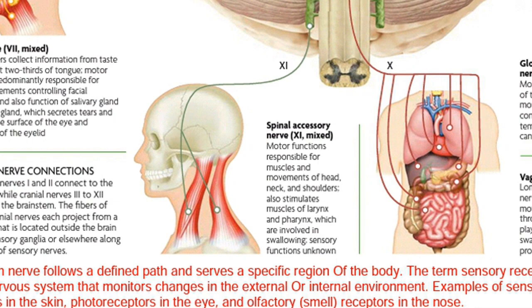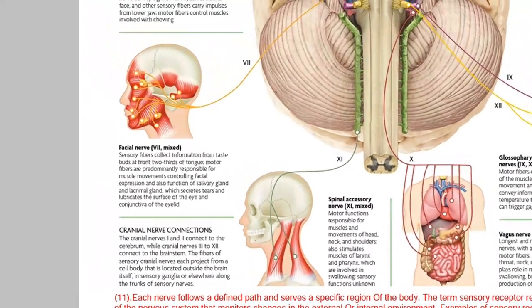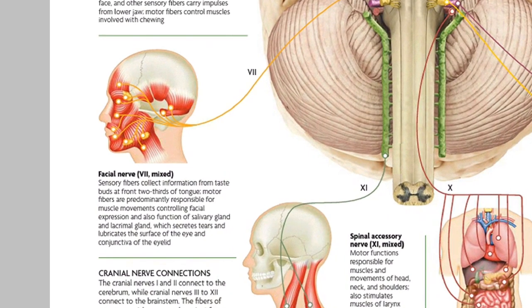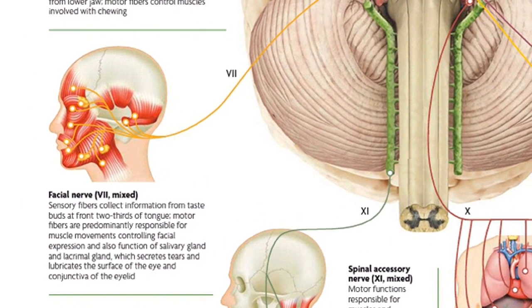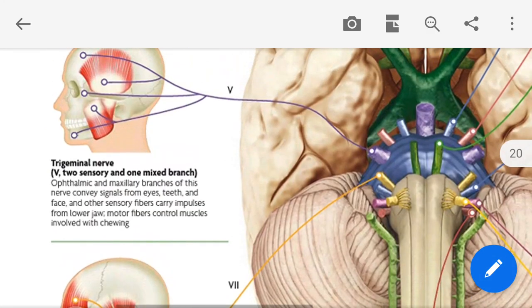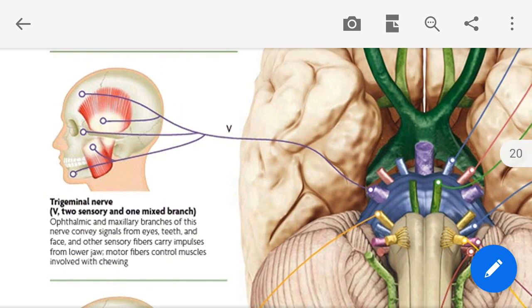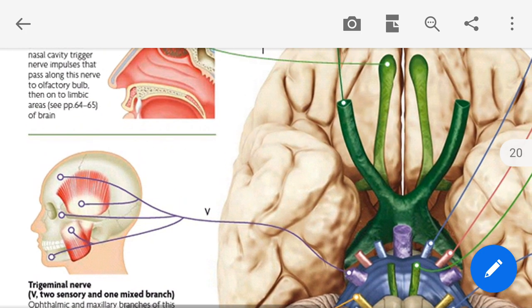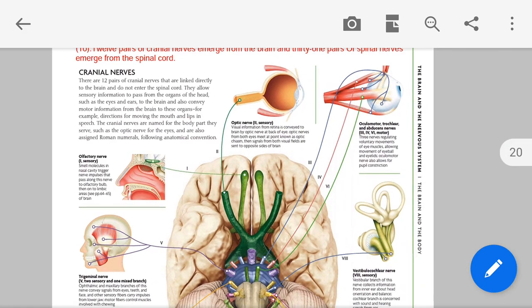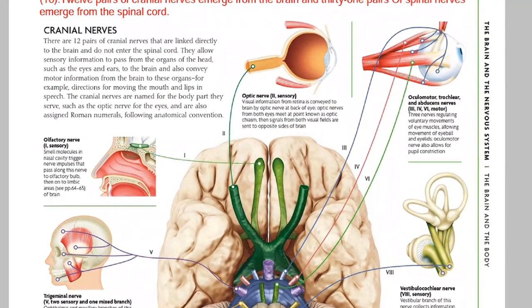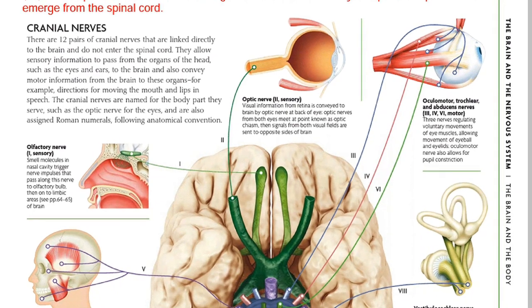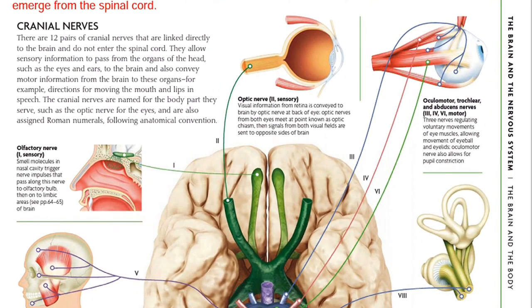Spinal accessory nerve. Facial nerve, which controls our facial expression. Then the trigeminal nerve. All these names are there in your syllabus, so try to remember all the names.